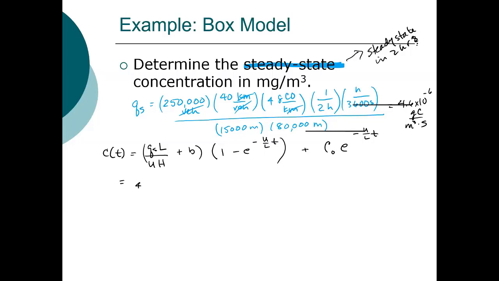So that's 4.6 times 10 to the minus 6 grams of carbon divided by times L divided by 2 point, sorry, what was our wind speed? 0.5 meters per second.